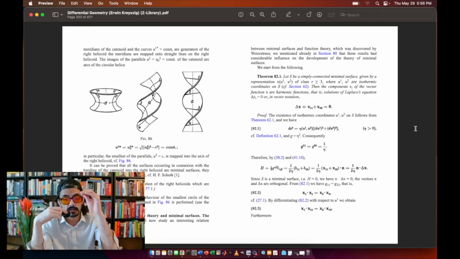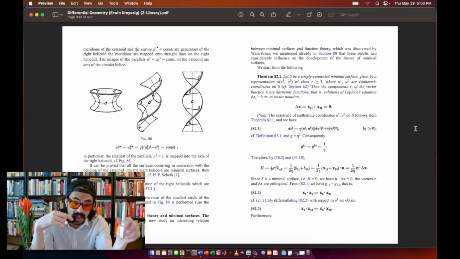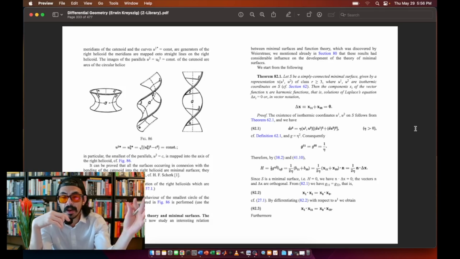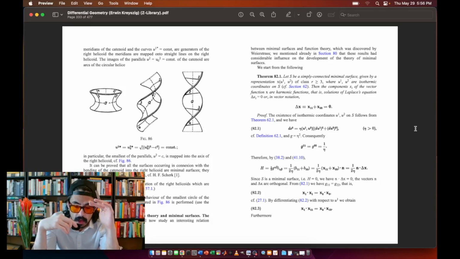Those are components of the second fundamental form, like I was saying. That expression is then equal to 1 over 2 nu times the quantity x sub 1 plus x sub 2, but that is scalar product with n.